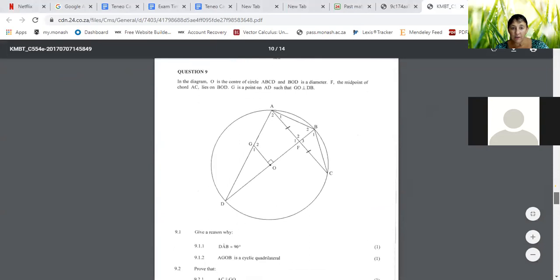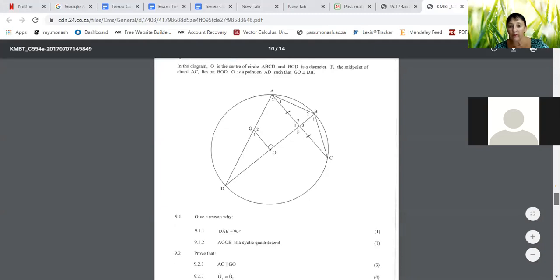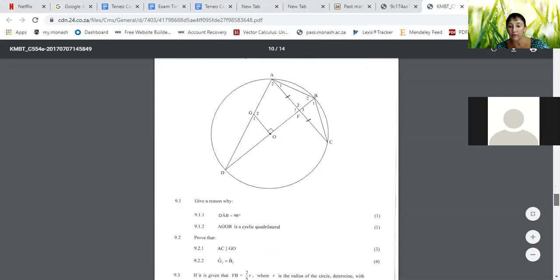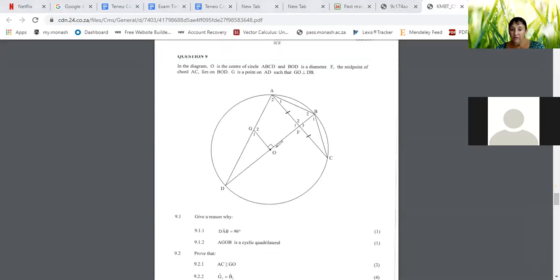All right, so there's the next one. Question 9. In the diagram, O is the center of the circle. So again, we're looking for all the theorems that involve a center, right? Right, so we know we always need to fill in our radii.